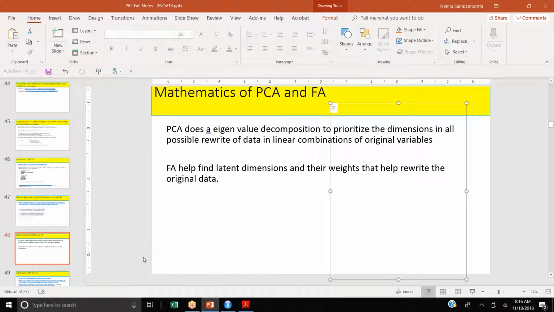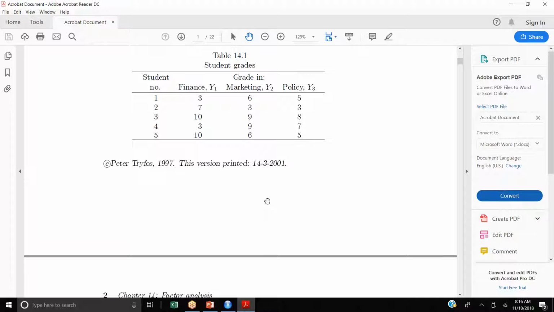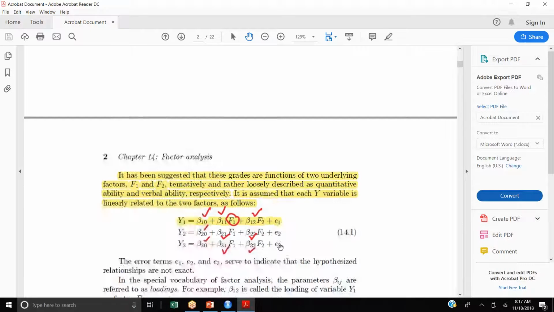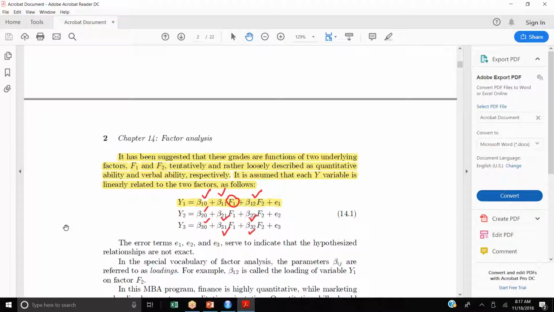Wait a minute. One moment. I have to say the word sequence correctly for you to appreciate this. Okay. So, as long as there are linear relationships among the hidden dimensions, I will be able to pull it out.